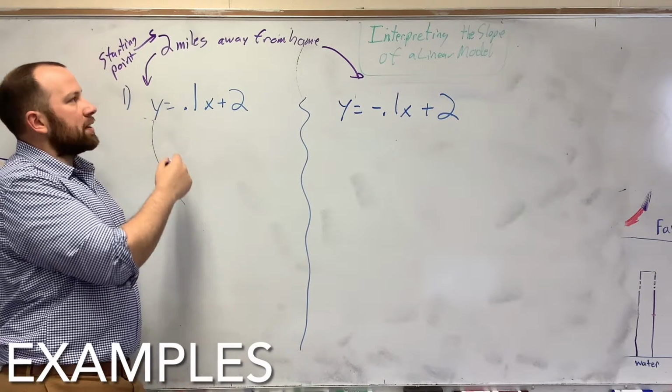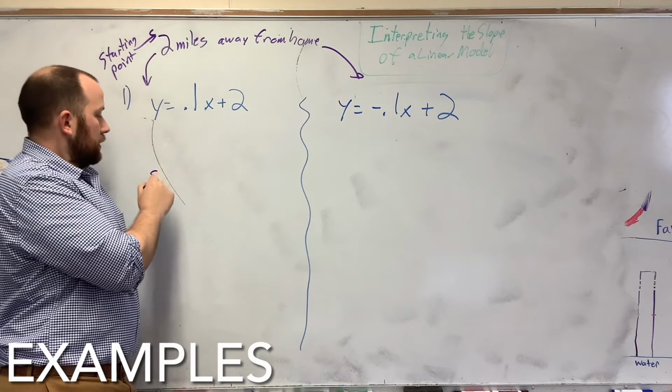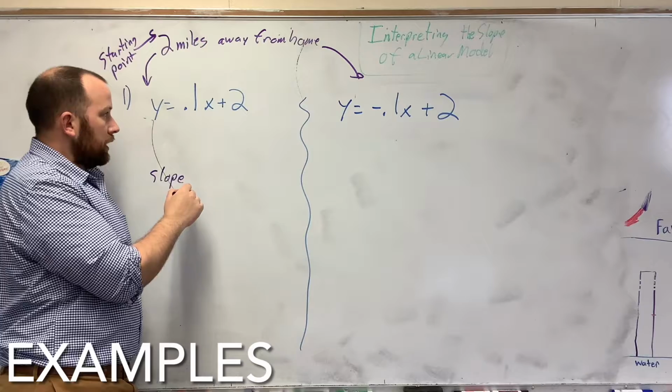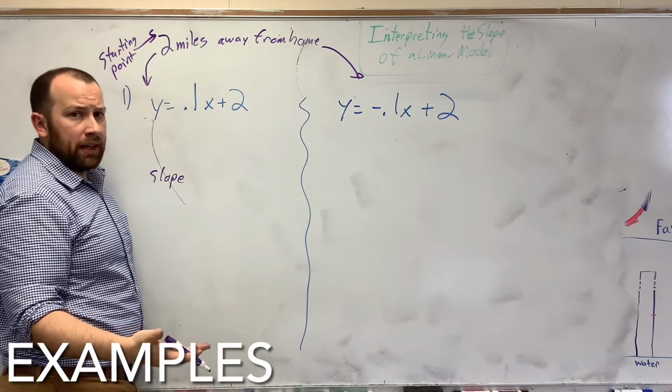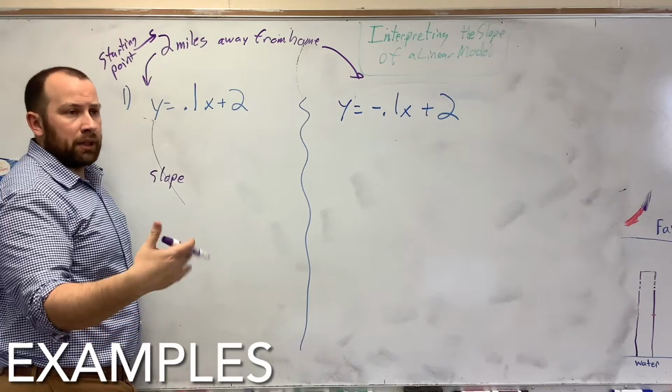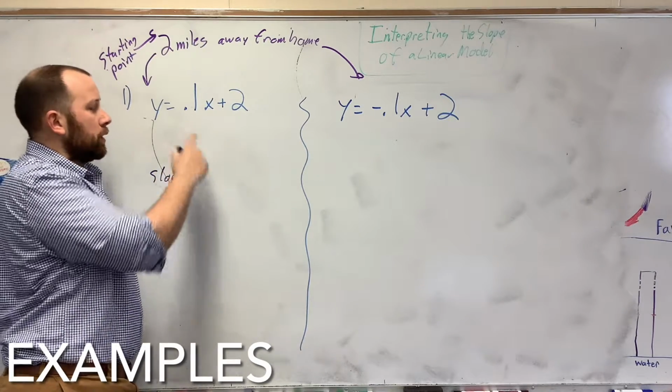Now, for my slope, this one is positive. So what does that mean? I'm already 2 miles away, and every time I'm going to increase that distance by 0.1.